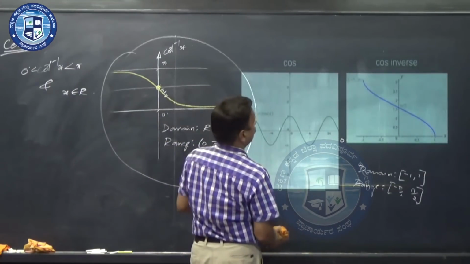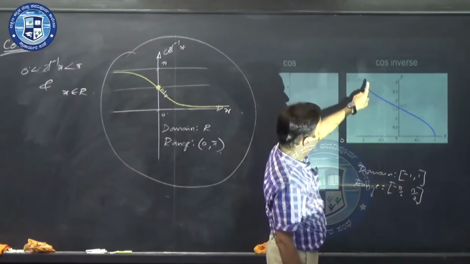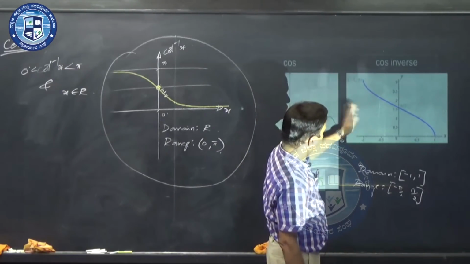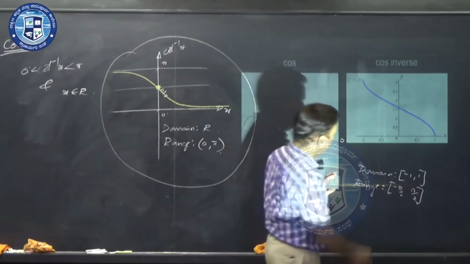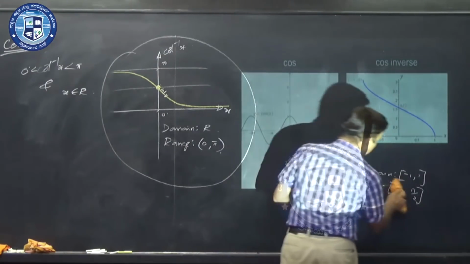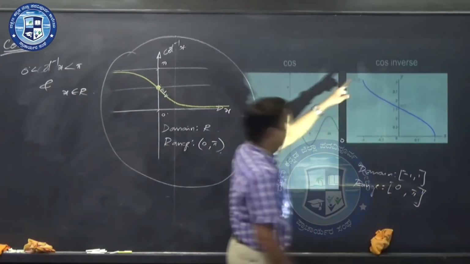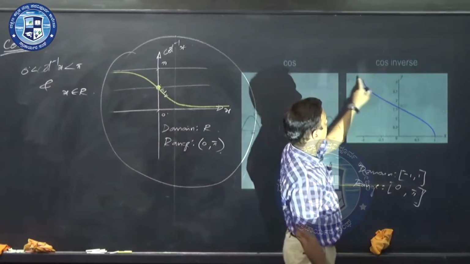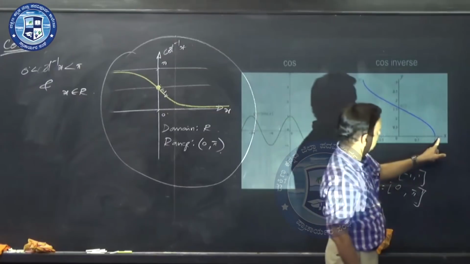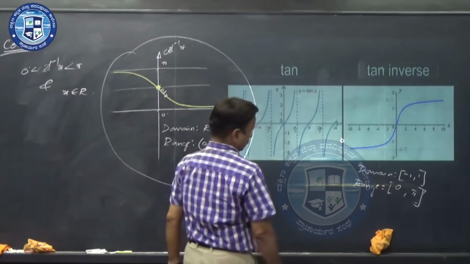Next, cos inverse x. The domain is between minus 1 and plus 1, and the range is not between minus pi by 2 to plus pi by 2, it is between 0 to pi. See, minus 1 comma pi, and this is 1 comma 0. Next, tan inverse function.